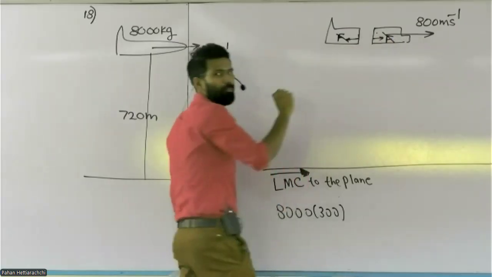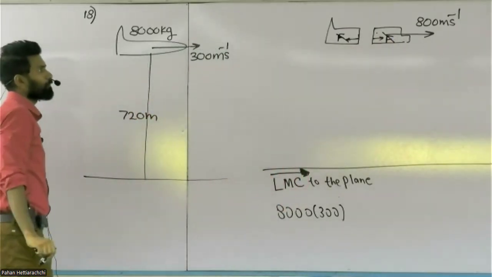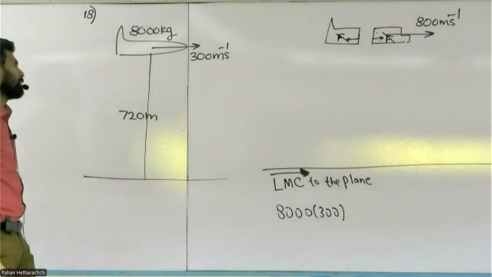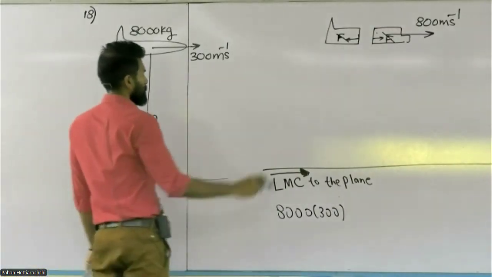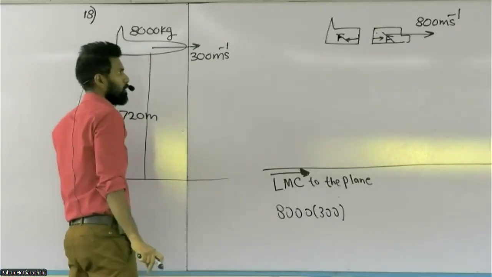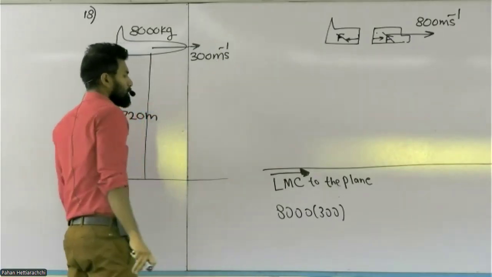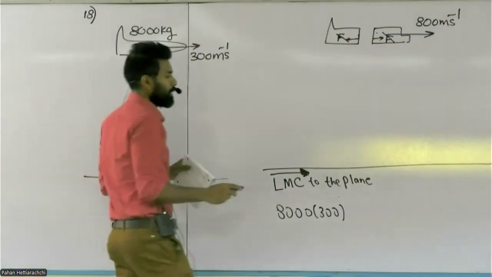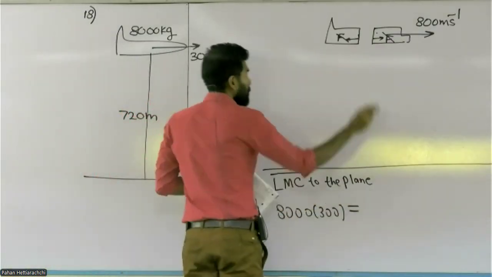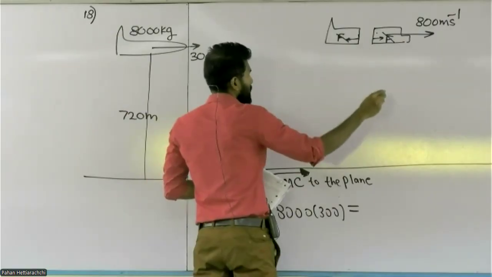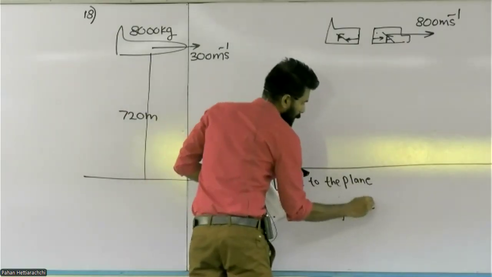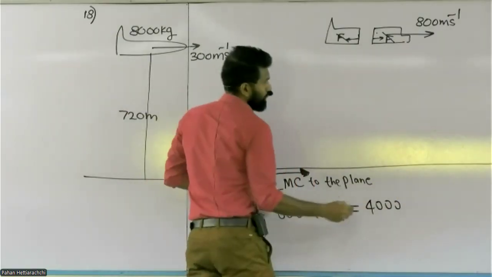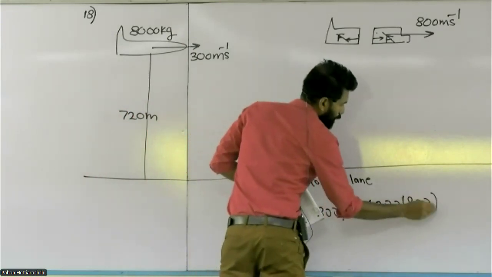No need to worry about external forces, and the motion is horizontal. No worries about the weight, it's vertical. So applying LMC, 8,000 into 300 is the initial momentum. What are the final momentums? They were equal parts which were exploded. One part had a mass of 4,000 and got a velocity of 800.